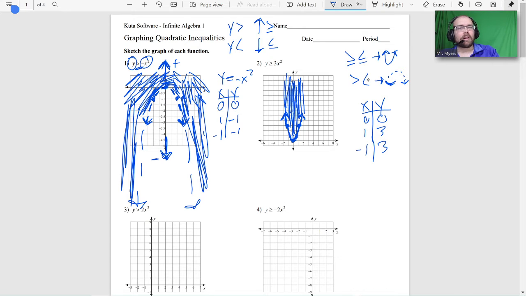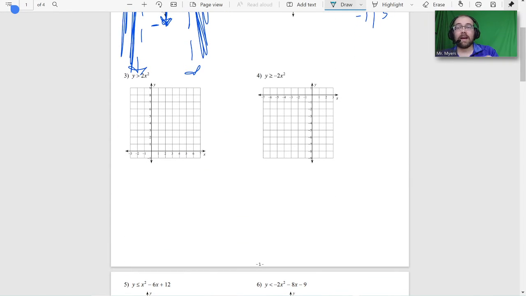All right, on to number 3. We have y strictly greater than 2x squared. Now, I'm going to show you another thing that's helpful. If you know the OG points, so y equals x squared, the parent function, I like to call it the OG.